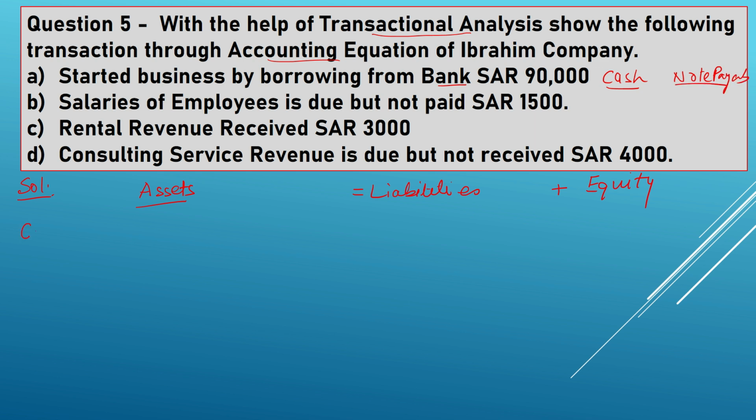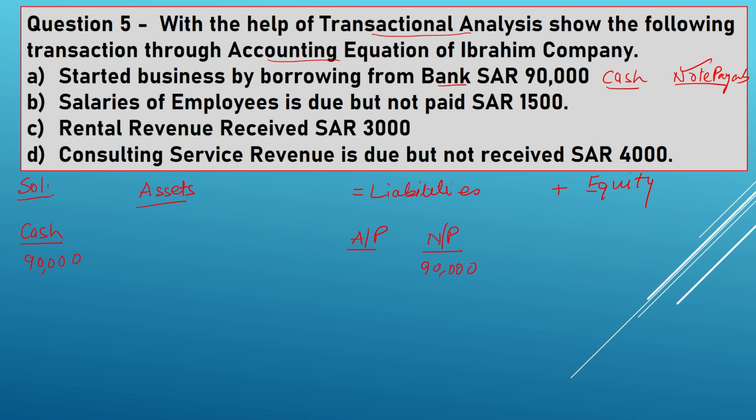We go to the asset and write cash, and under the liabilities we write notes payable. Cash will increase because you are borrowing, so cash will come in 90,000. Cash will increase and 90,000 notes payable will increase because it is borrowing.